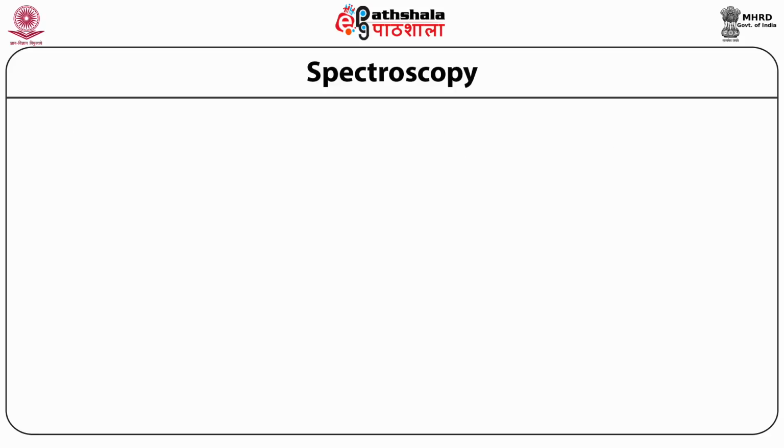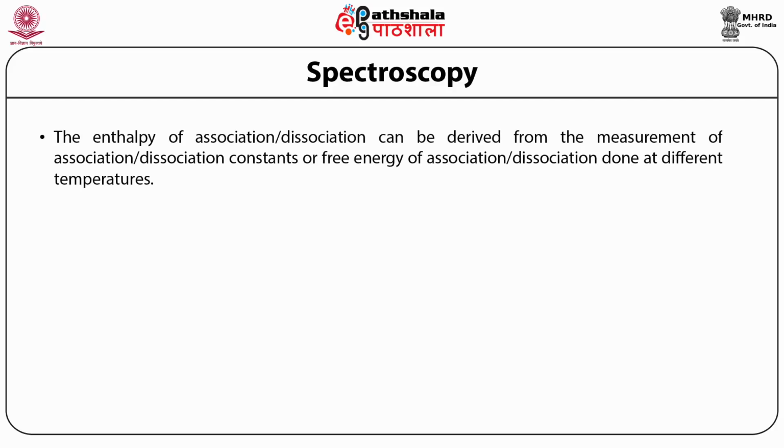Now the question is how to measure enthalpy and entropy. Enthalpy and entropy can also be measured by measuring delta G naught at different temperatures. And the equation given is delta S is equal to d delta G by dT, and delta H is d(delta G by T) by d(1 by T).